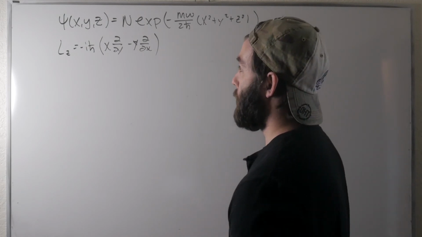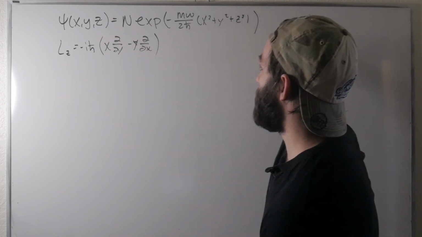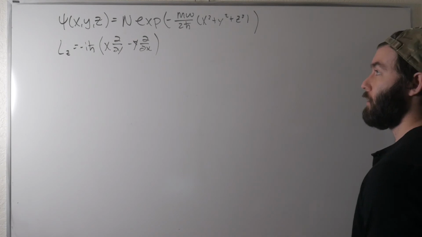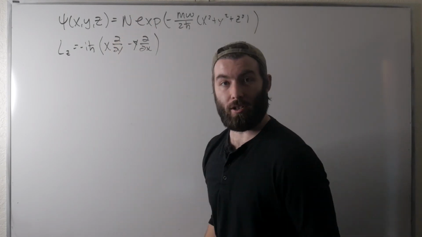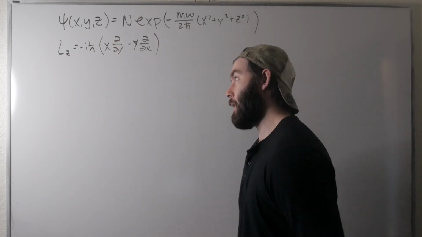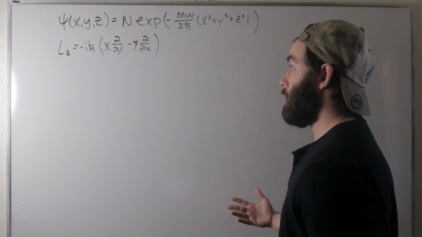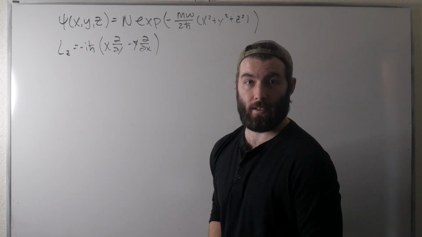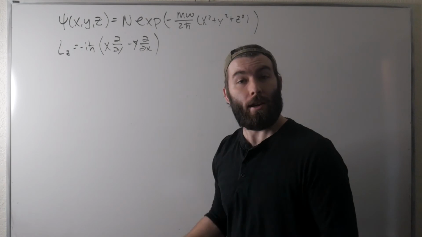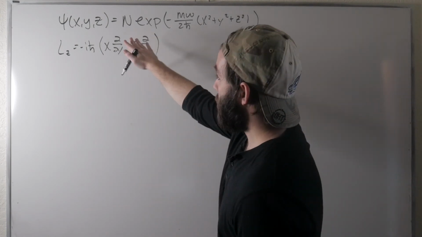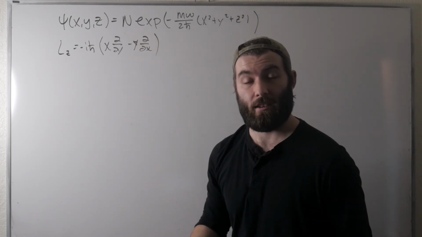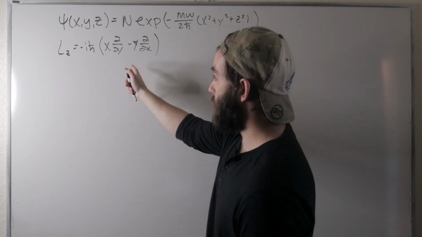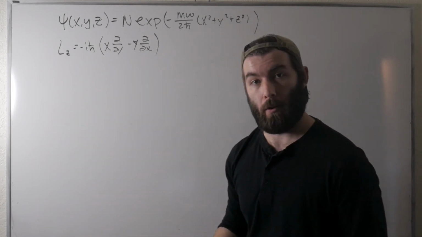So for this problem, I give you the wave function for the three-dimensional harmonic oscillator, and the normalization constant won't contribute, so I'm not writing that out. And I say I want to calculate what the z component of the angular momentum is. So we're suggesting that this wave function, yes, it's an eigenstate of the Hamiltonian, but it should also be an eigenstate of the angular momentum operator.